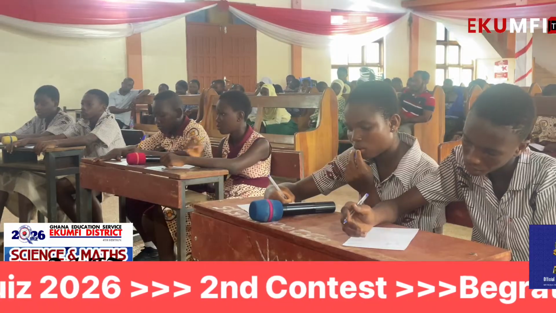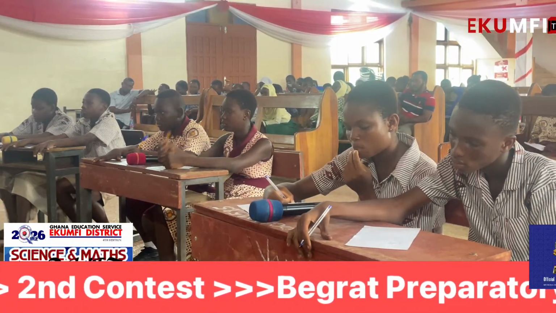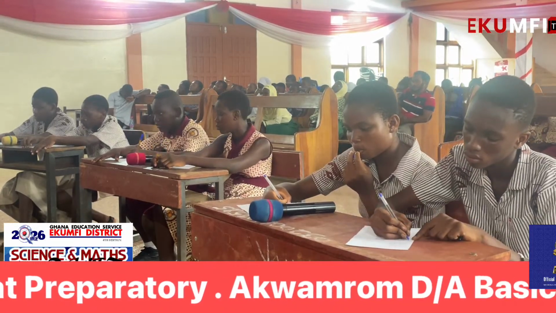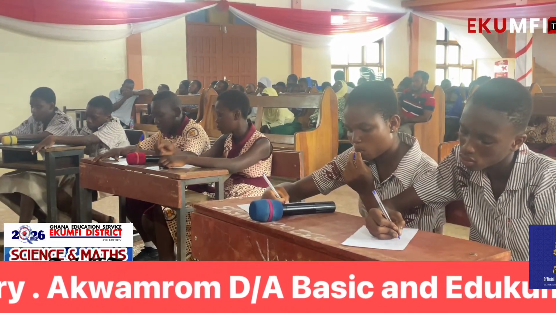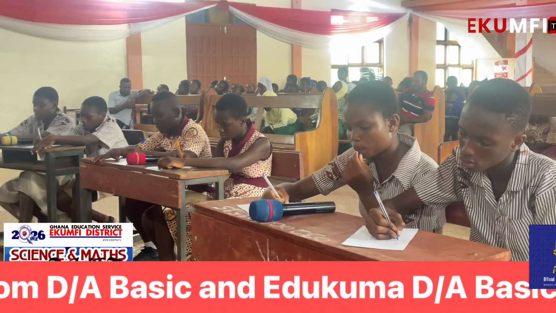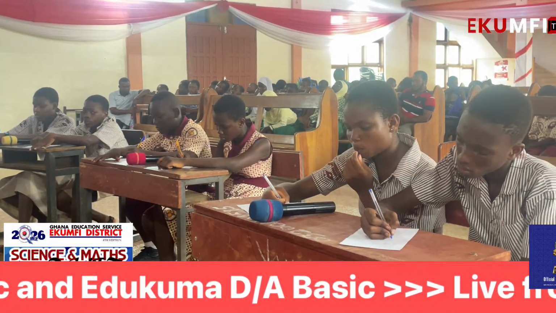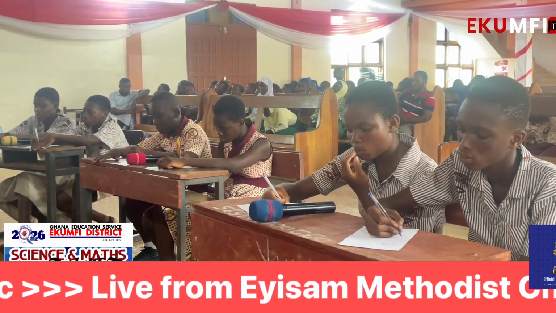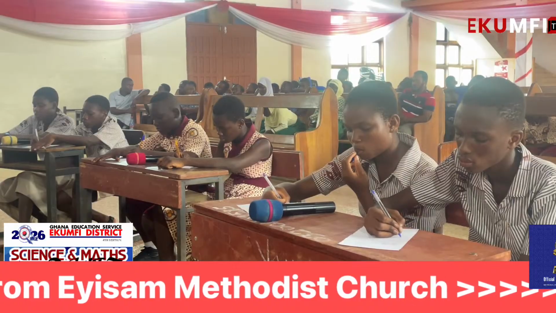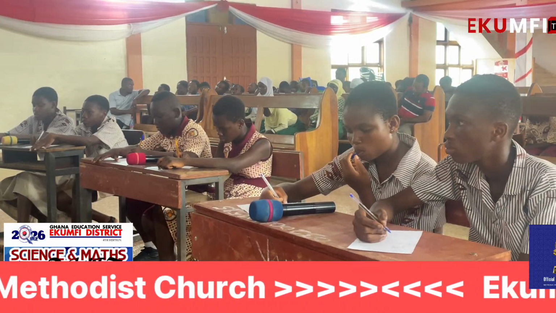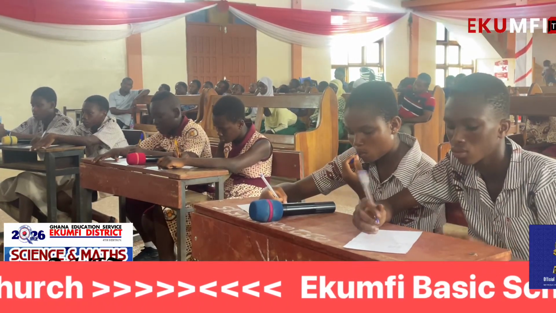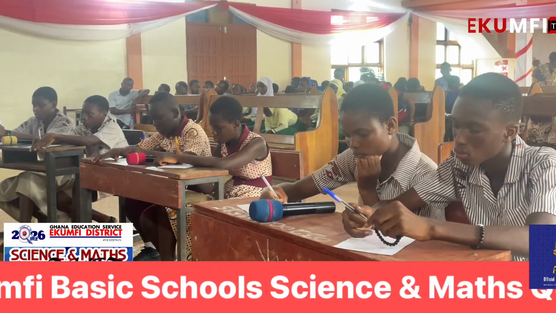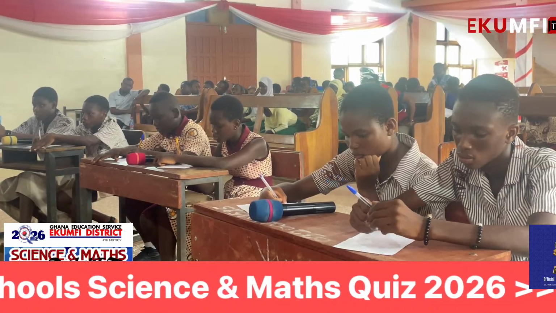The next question goes to Reynolds. John ran 3/4 of a kilometer, and Peter ran 5/8 of a kilometer. How much farther did John run?